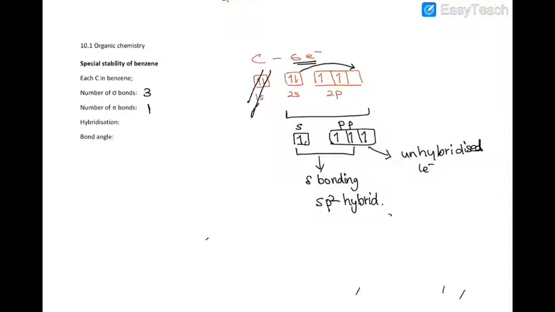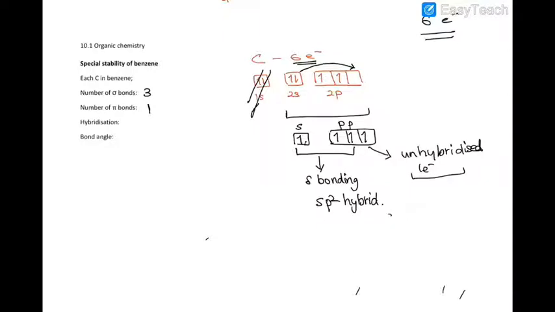So you have 6 carbons. Each of these carbons is going to give 1 unhybridized electron. So you end up with 6 electrons which are not used in bonding by each carbon. These electrons are not involved in hybridization, but they are going to form the aromaticity.